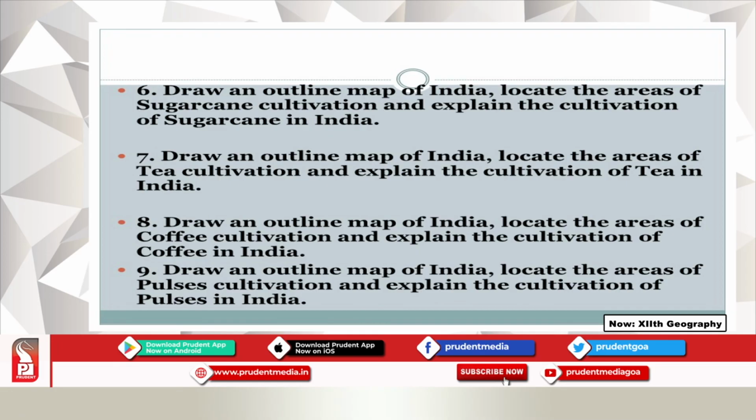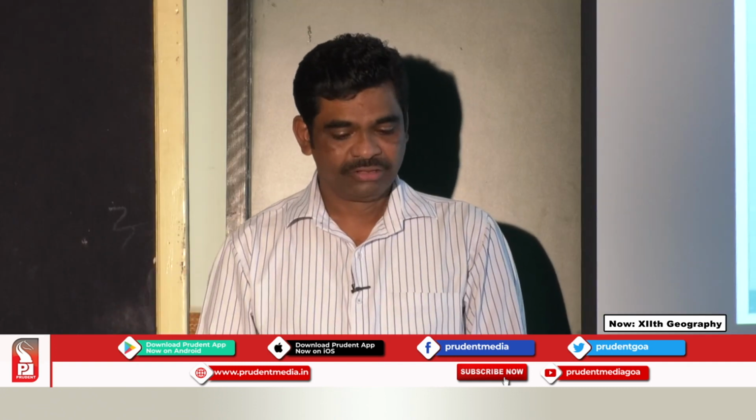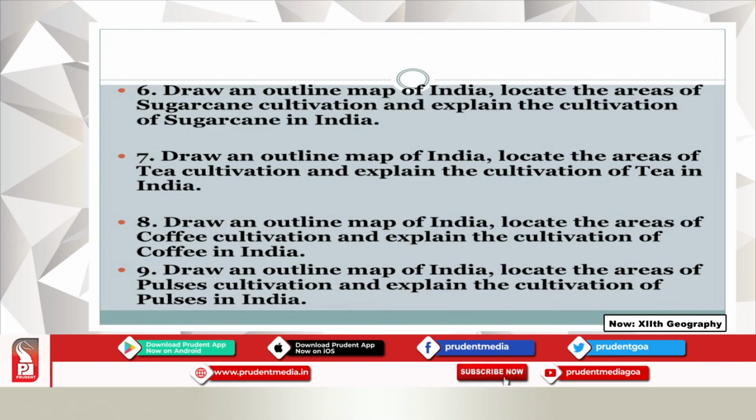Draw an outline map of India, locate the areas of sugarcane and explain the sugarcane cultivation in India. Explanation is a must. Draw an outline map of India, locate the areas of tea cultivation and explain the cultivation of tea.